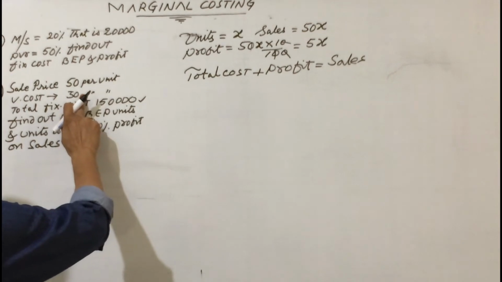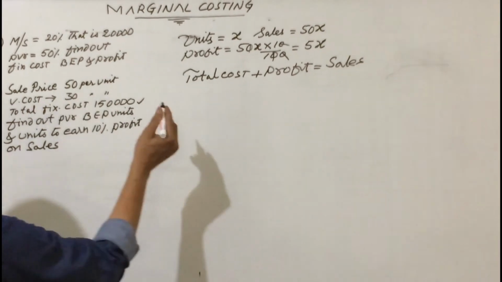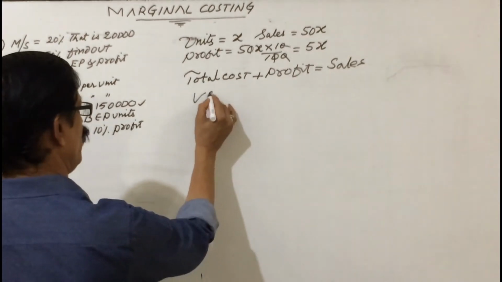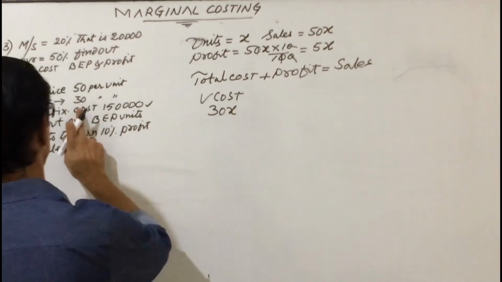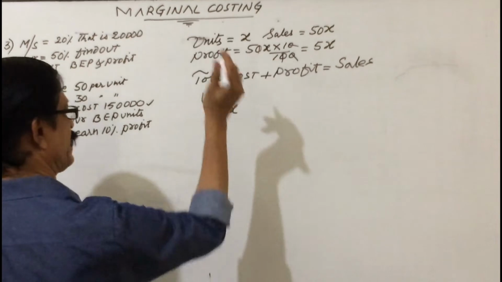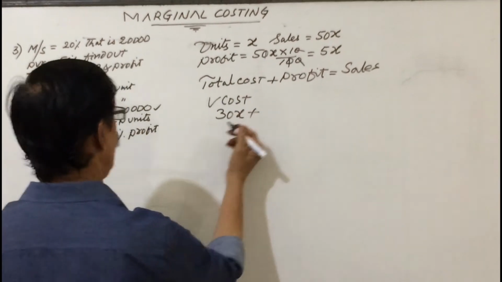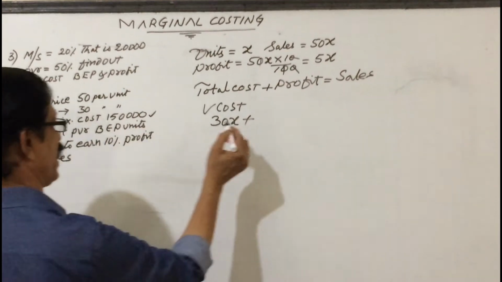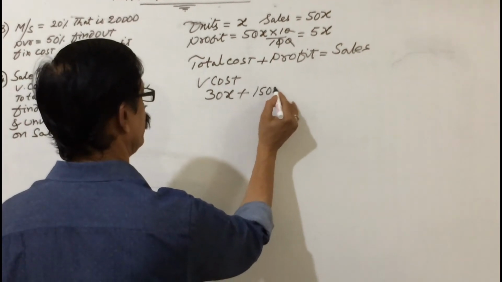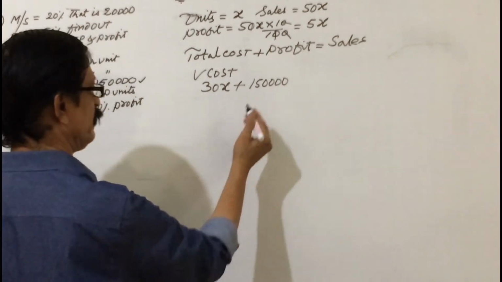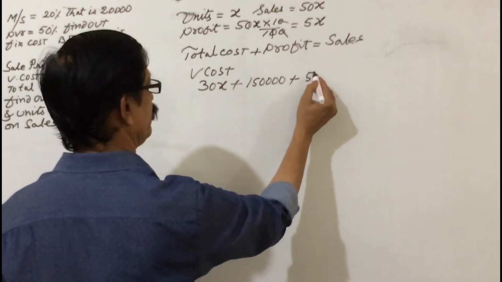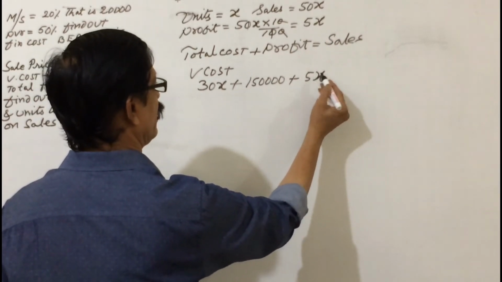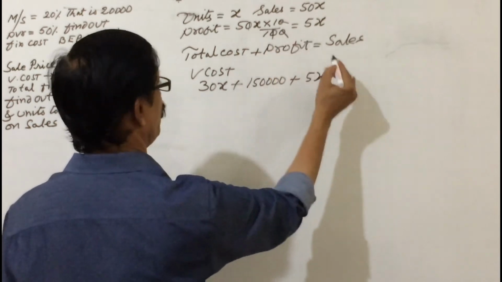Here variable cost per unit is 30, that means variable cost is equal to 30x, 30 rupees into x units, plus our fixed cost is 1,50,000. Profit is equal to 5x, that is equal to total sales 50x.